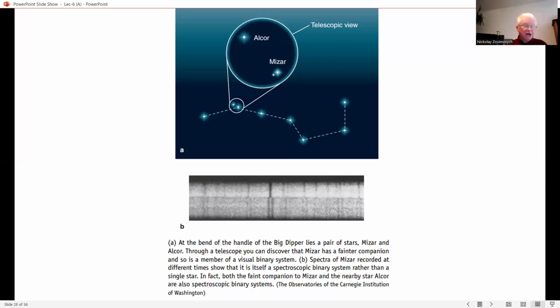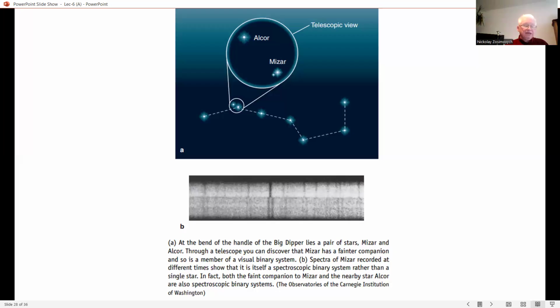Many of the familiar stars in the sky are actually pairs of stars orbiting each other, as you may see from this slide. You might wonder what happens when the orbits of a spectroscopic binary system lie exactly edge on to Earth.